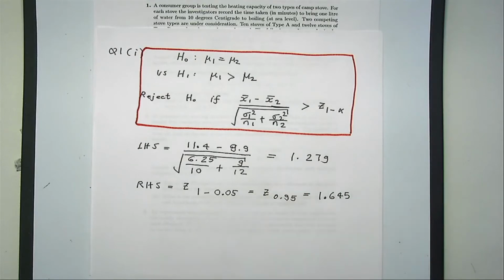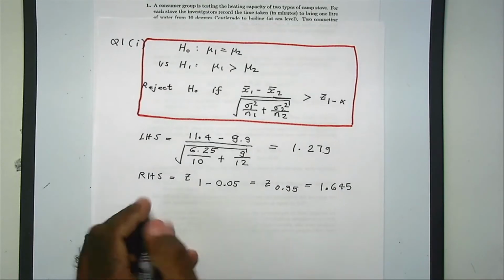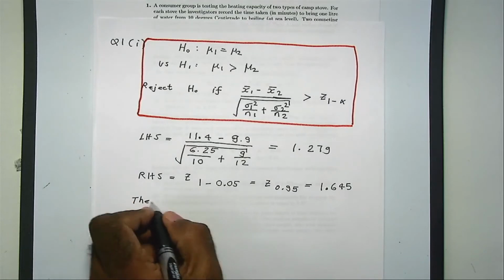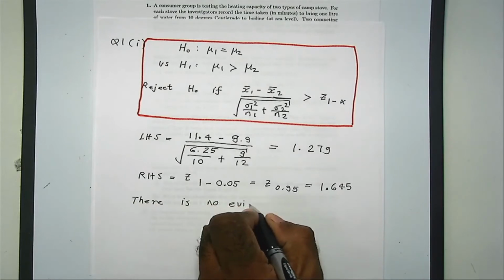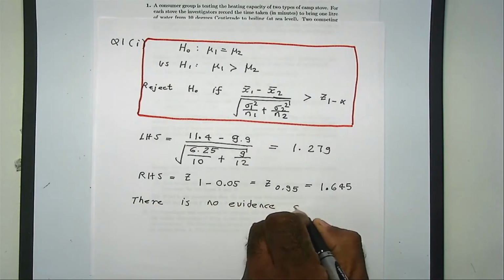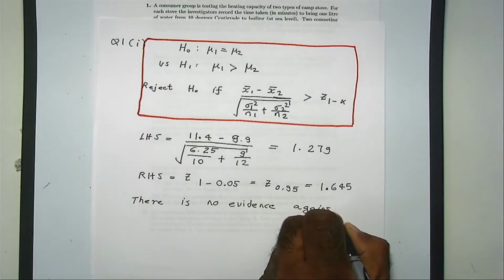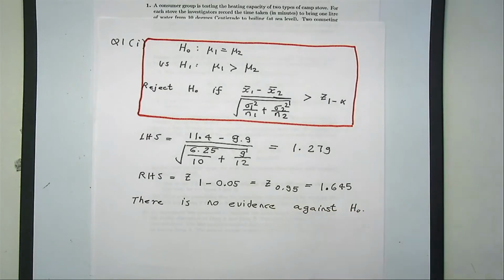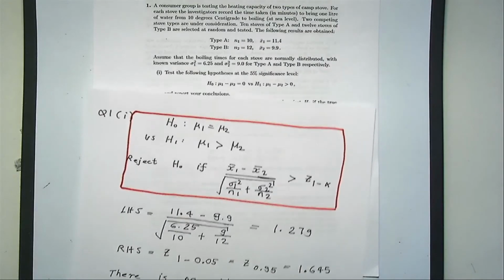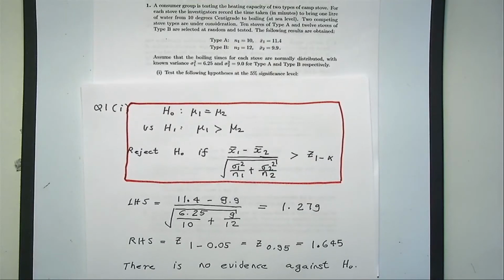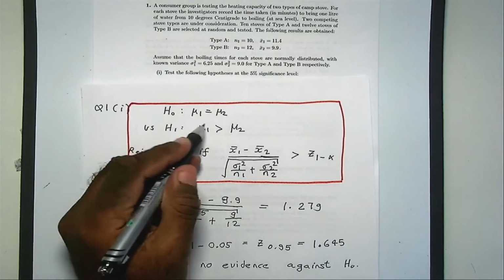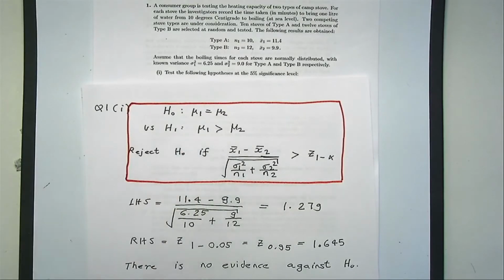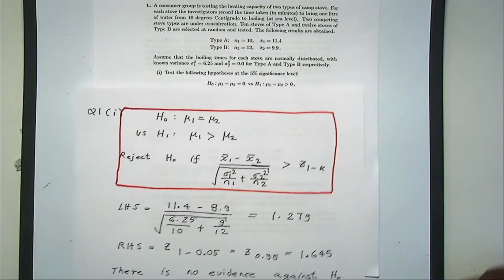So the conclusion is that there is no evidence against the null hypothesis. In other words, there is no evidence that the two population means are not equal. There is no evidence against the fact that the two population means are equal. Okay, so that completes the first part.